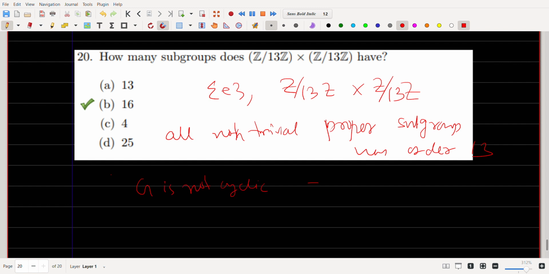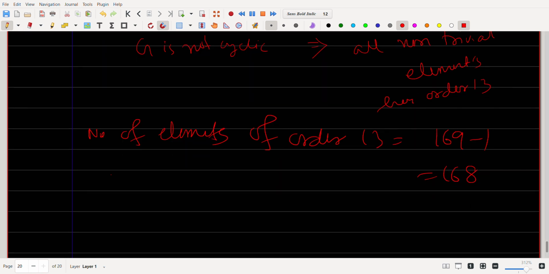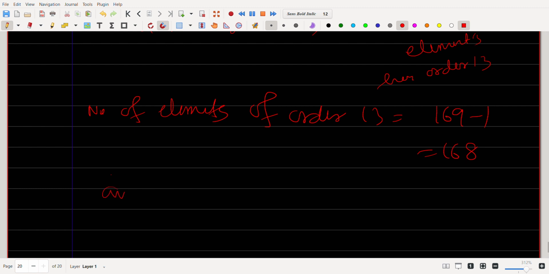Now since G is not cyclic and it is of order 13 square, that means all non-trivial elements have order 13. So the number of elements of order 13 equals 169 minus 1, 168.